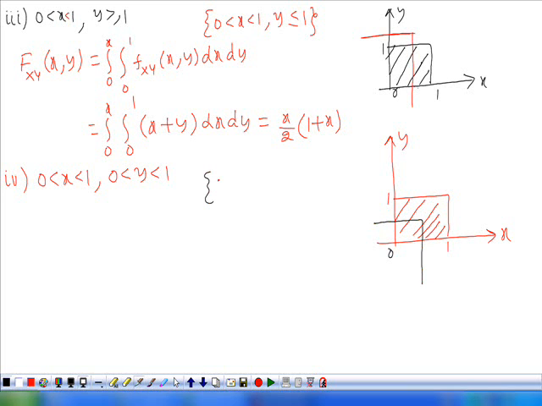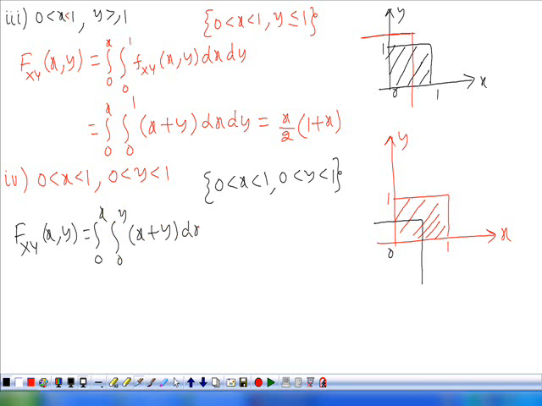The event is 0 less than x less than 1 and 0 less than y less than 1. Therefore, this f_XY(x, y) is equivalent to 0 to x, 0 to y. Why we have written like this? This x may take any value between 0 and 1, y may take any value between 0 and 1. This is (x plus y) dx dy. How much? xy by 2.